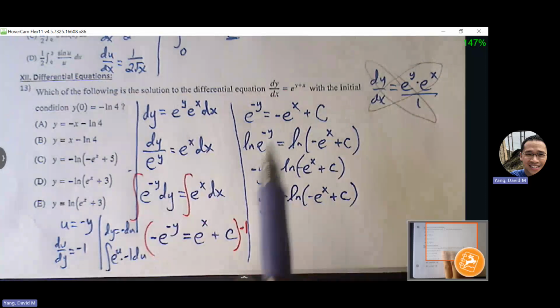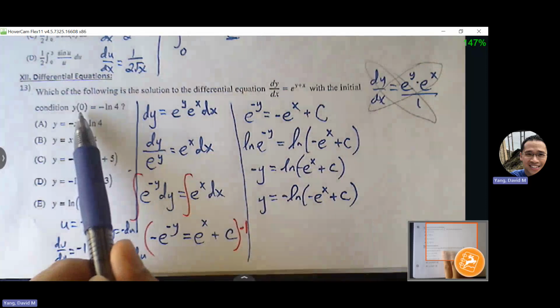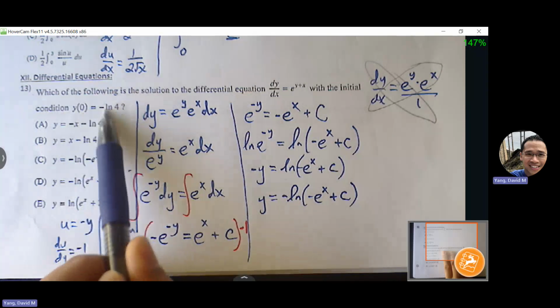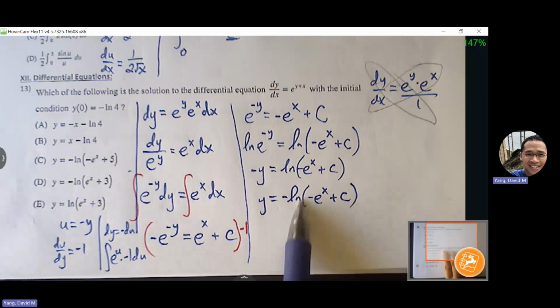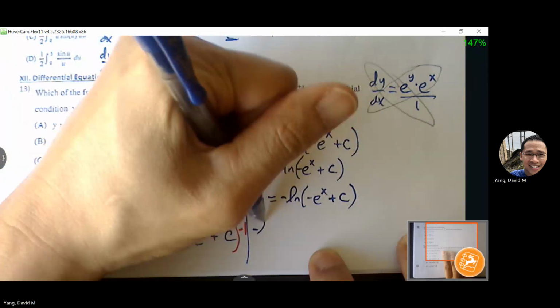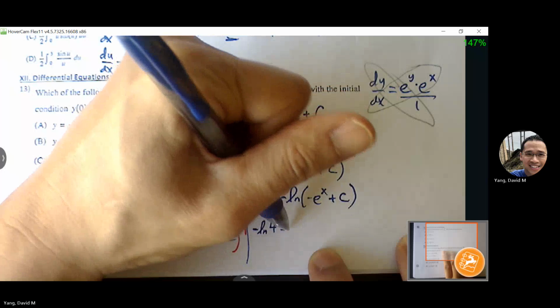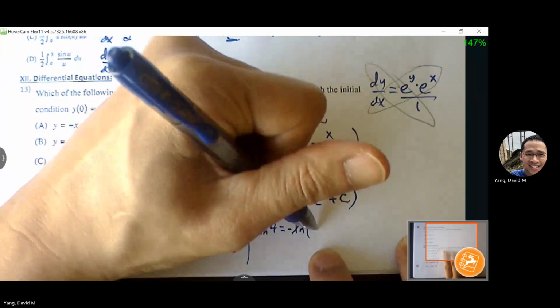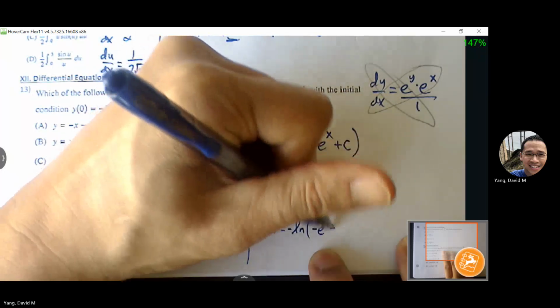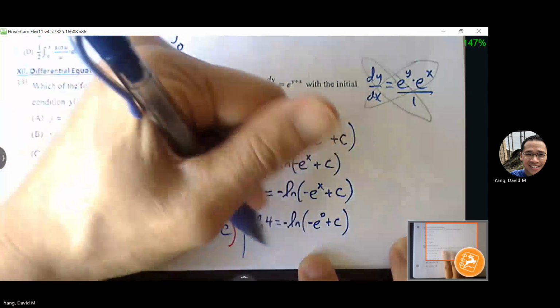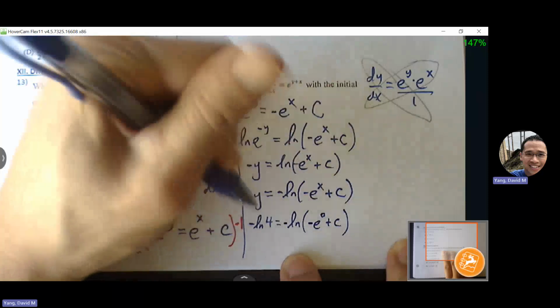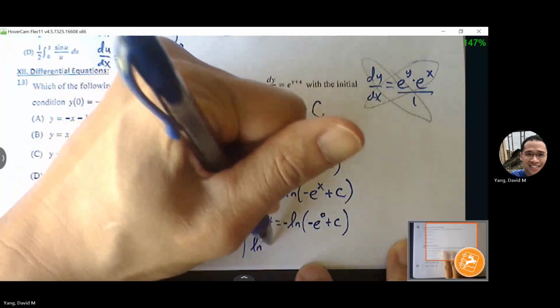Now to solve for c, I'll replace my y value with negative natural log of 4. I'm going to replace my x with 0 and see if I can get my way down to c. I can drop the negatives from both sides.